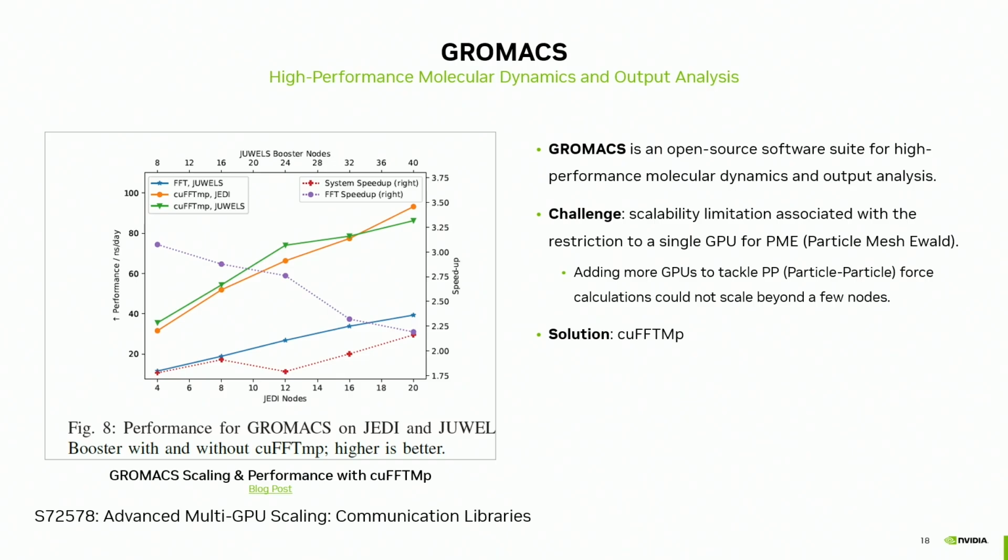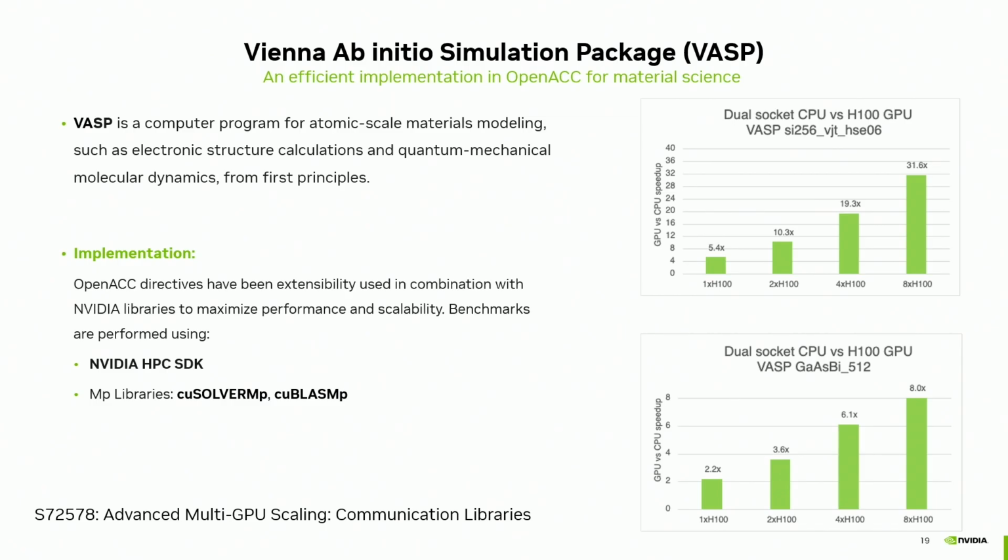It can make efficient use of both intra and internode interconnects to perform the all-to-all communications required by your distributed 3D FFTs. Now, with the integration of this new functionality, specifically cuFFT MP, the GROMACS application can now compute multiple PME ranks in the simulation, providing dramatically enhanced scalability and performance.